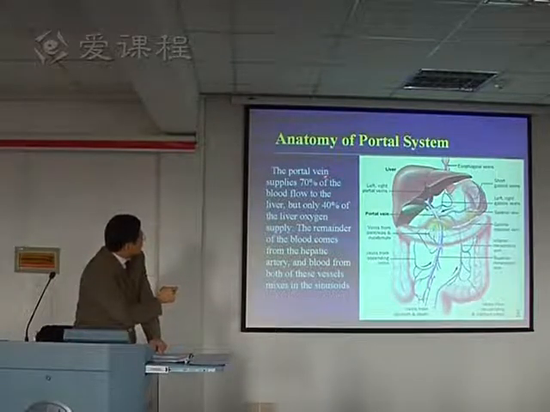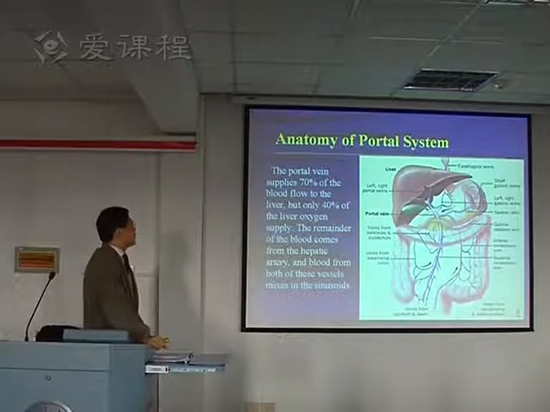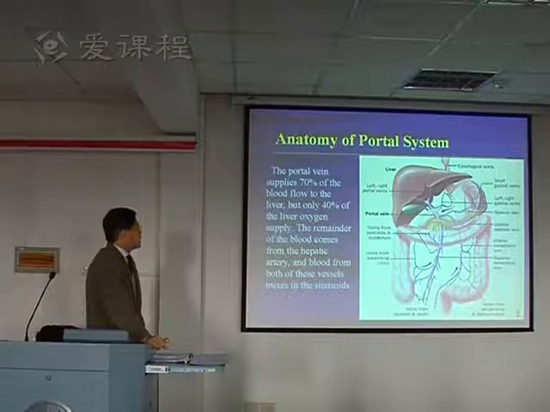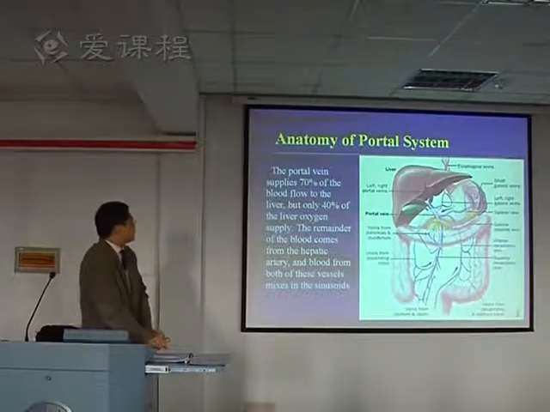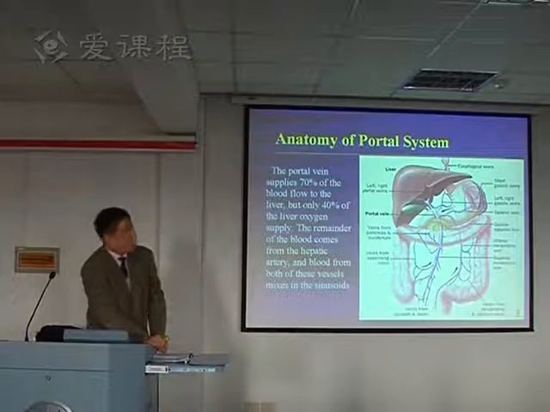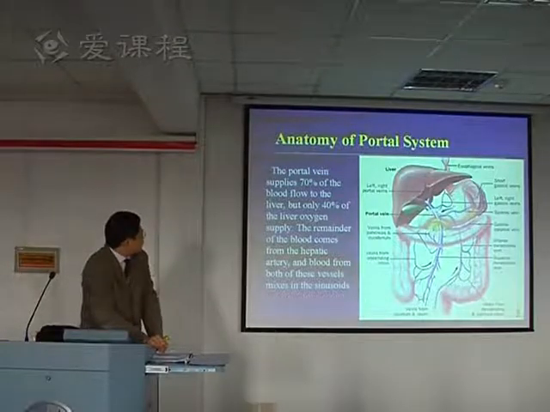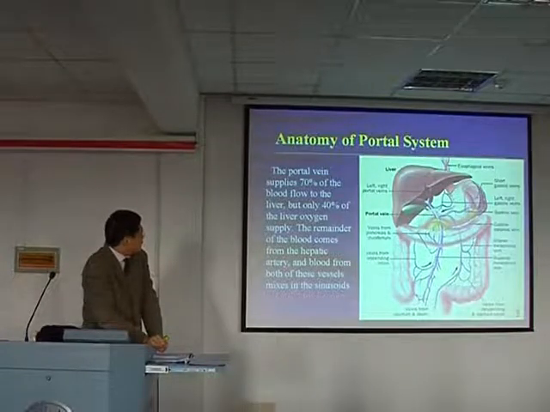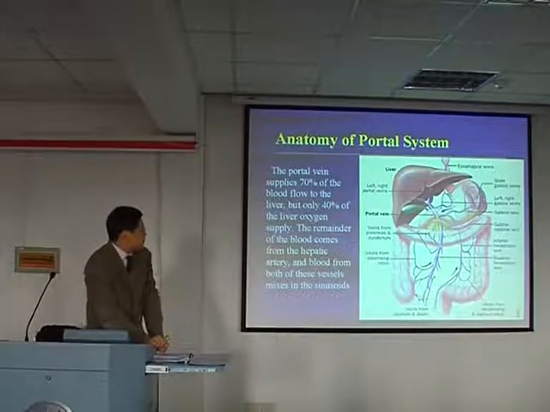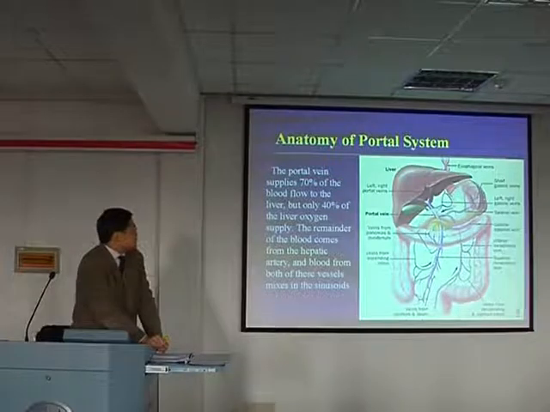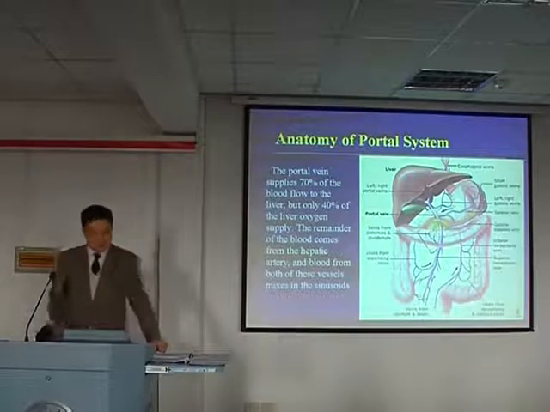The portal vein supplies 70% of the blood flow to the liver, but only 40% of the liver oxygen supply. The remainder of the blood comes from the hepatic artery, and blood from both of those vessels mixes in the sinusoids.